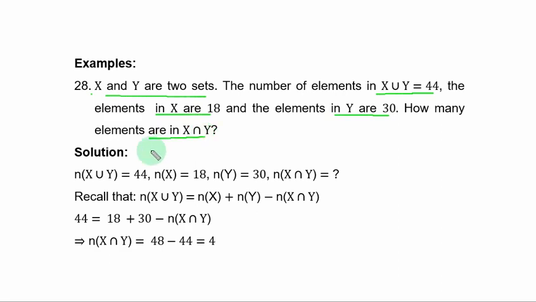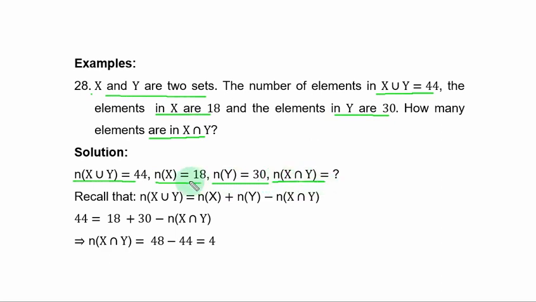Solution. From the question, you have this, you have this, you have this, but the number of elements in the intersection of the two sets is unknown.